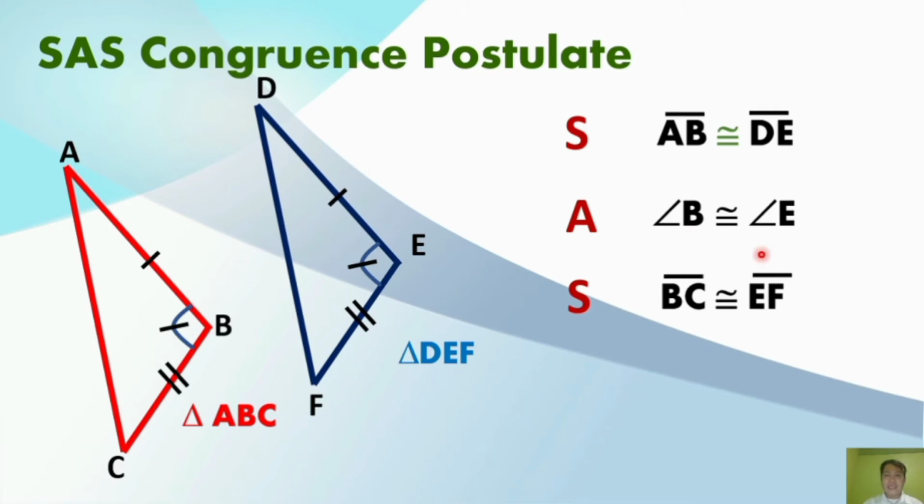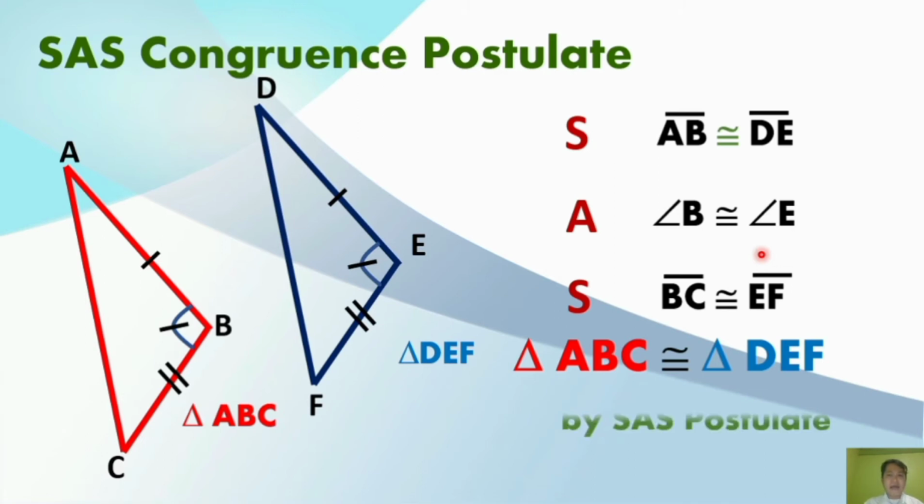Therefore, we can say that triangle ABC is congruent to triangle DEF. By what means we have proven that the two triangles are congruent? By what postulate? By SAS Congruence Postulate.